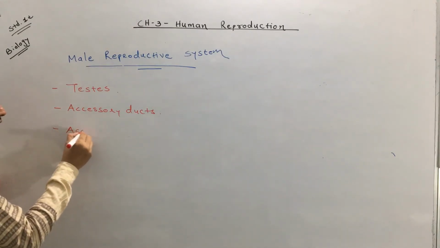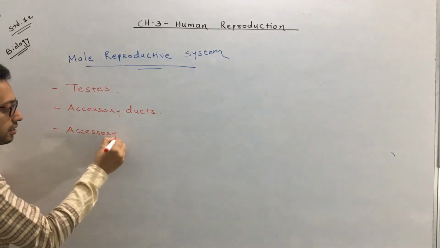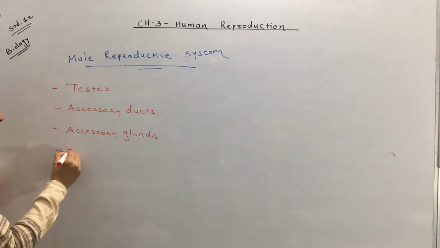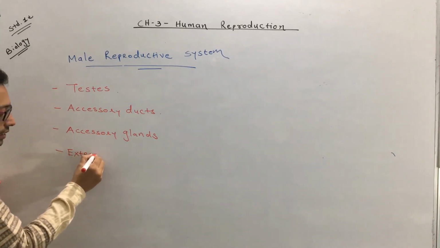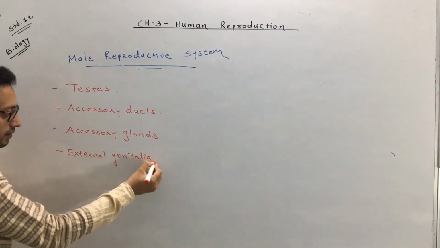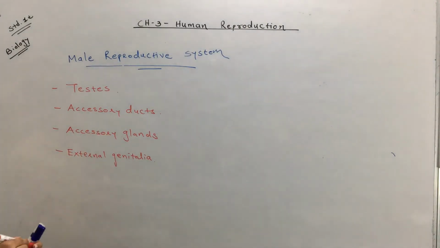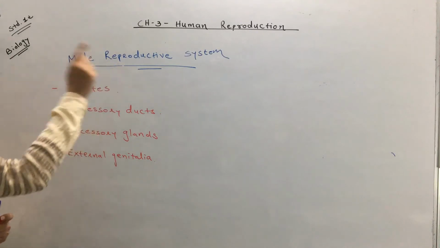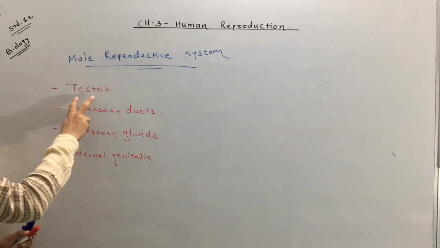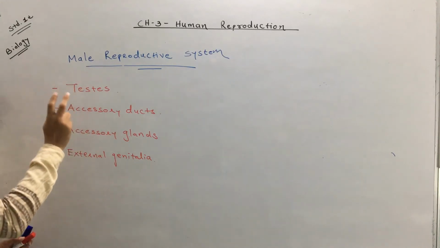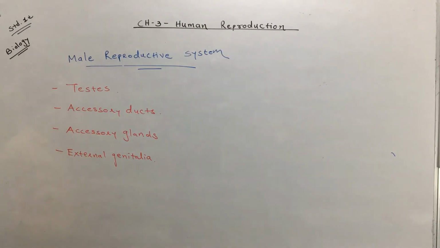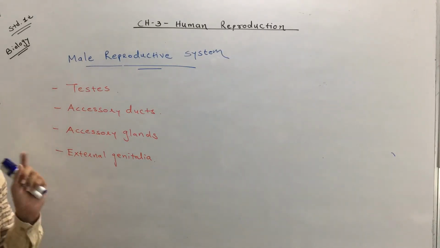Next, it also includes accessory glands, and it includes external genitalia. So these four are mainly included under the male reproductive system. It consists of testes, accessory ducts, accessory glands and external genitalia. We have to discuss each one in detail.